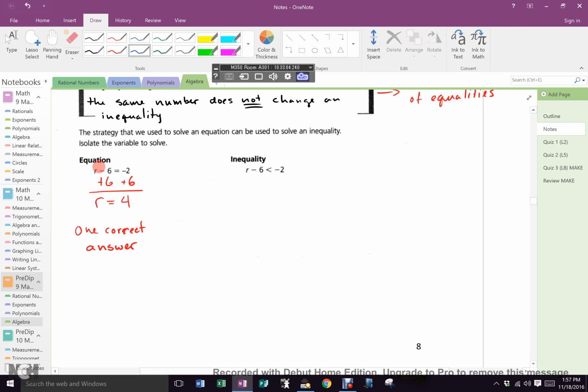Amshuman. So that means like I had plus 6 on both sides. I do plus 6 on both sides. And I get R less than 4. Now, did I add to both sides? Yeah. Did I add the same number to both sides? Yeah. So does the inequality change? No. I can't stop there, though, because it's not done.